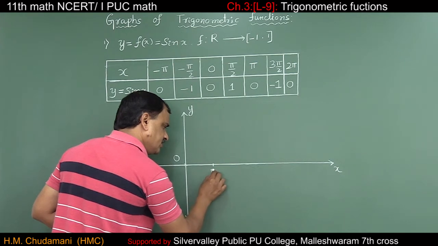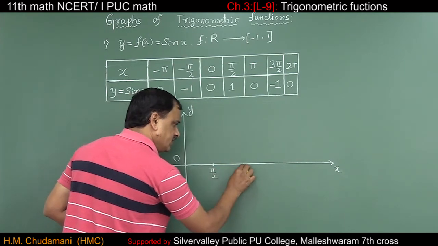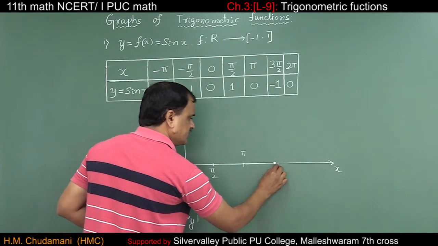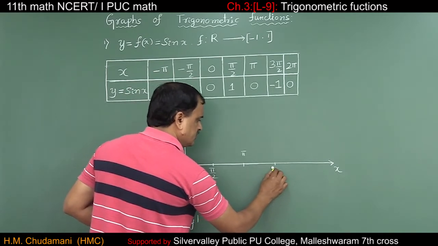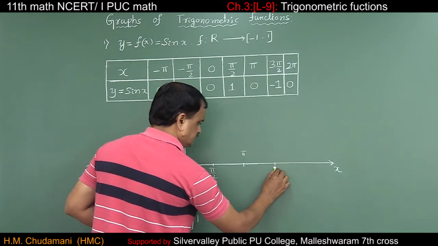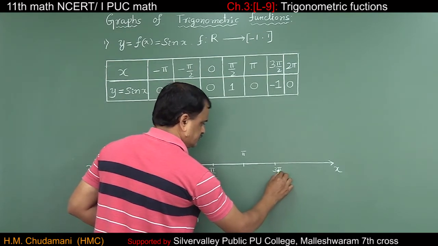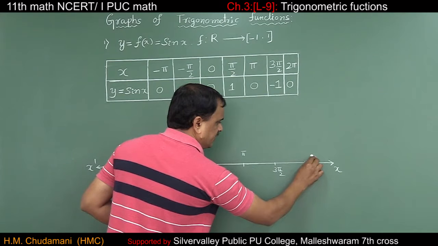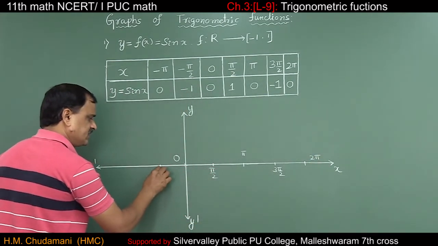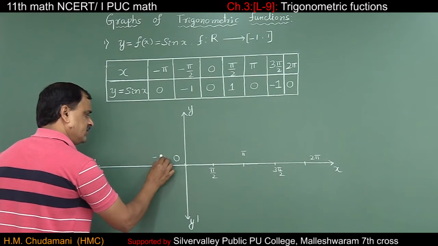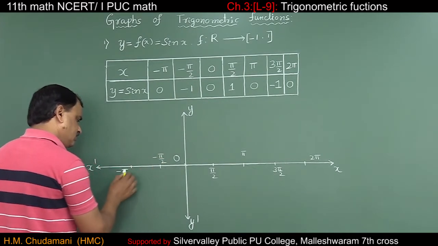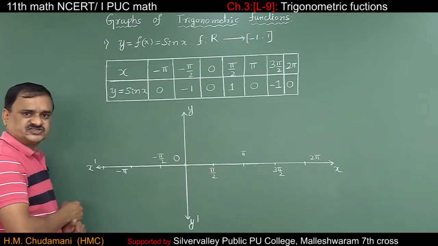On the x-axis these are the values: pi, 3 pi by 2, then 2 pi and so on. Here minus pi by 2, minus pi, minus 3 pi by 2, etc.